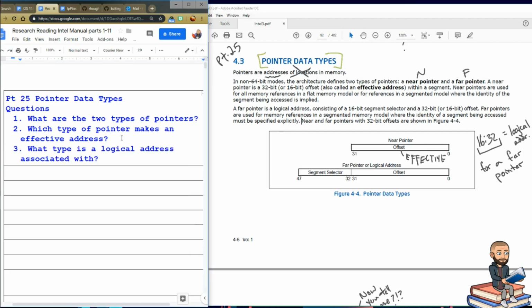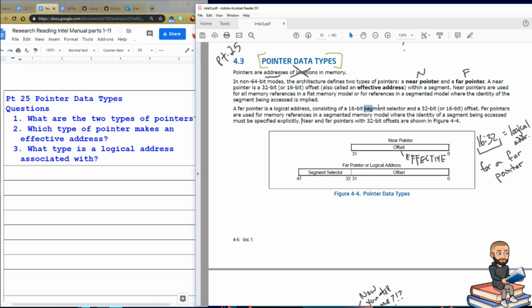So your next question is, what type is a logical address associated with? That is to say, a far pointer is a logical address. And what makes it logical is the segment selector combined with an offset. So if we're in the 16th segment with a 32 offset, we have ourselves a logical address.